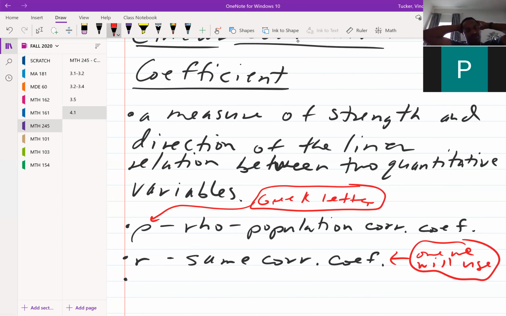It's the Greek letter rho, so it's not actually a p, but that represents the population correlation coefficient. Letter r, and I put the same. Sorry about that, I meant to put sample. That's the sample correlation coefficient.